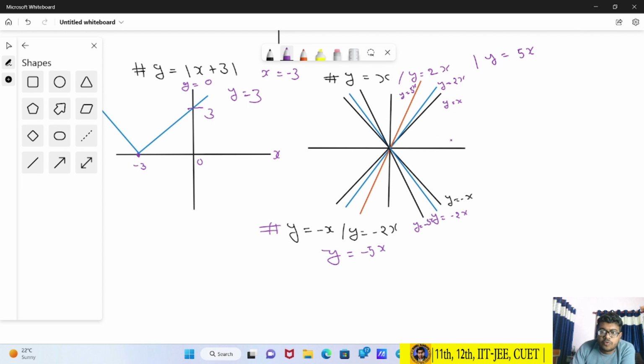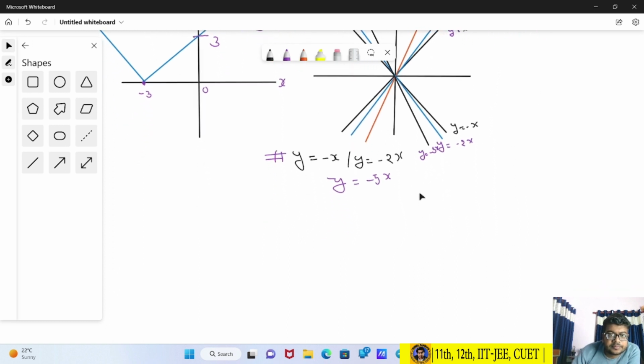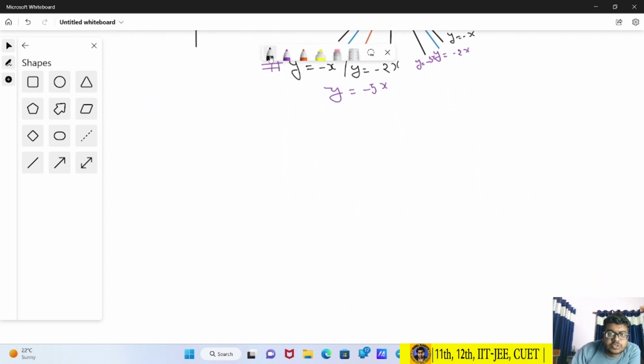Now we come to some new graphs. Suppose we draw y is equal to 2x minus 4.